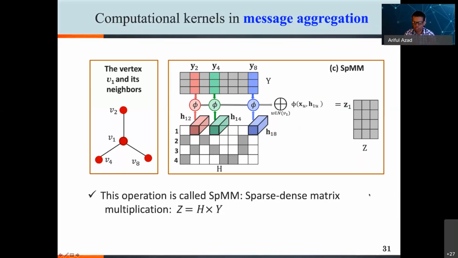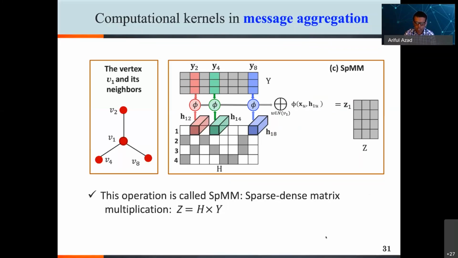Here, what we are doing is considering a dense matrix Y and a sparse matrix H. We are multiplying them and aggregating them. That is nothing but a sparse matrix dense matrix multiplication. So in summary, we can consider the message generation and message passing algorithm, and consciously map them to these two linear algebra operations.